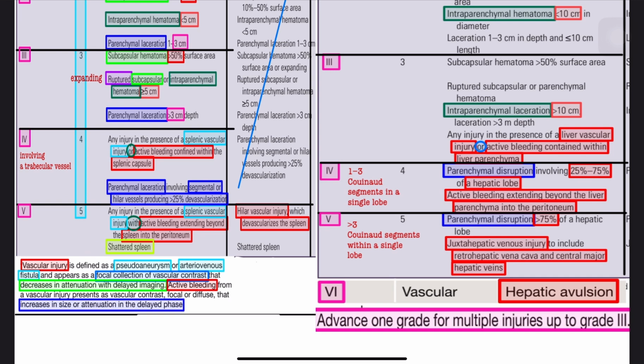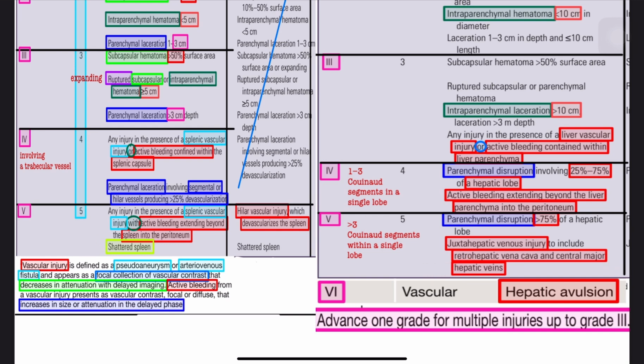Hilar vessel injury which devascularizes the spleen also comes under grade 5. In liver, parenchymal disruption of more than 75% of hepatic lobe, so more than 3 Couinaud segments within a single lobe, or juxtahepatic venous injury to include retrohepatic vena cava or central major hepatic vein comes under grade 5.